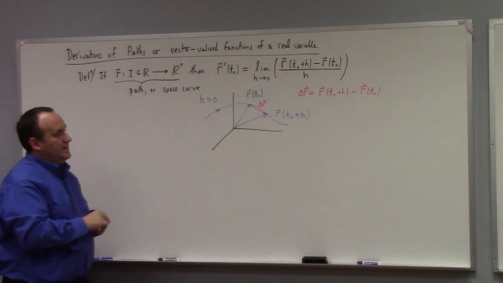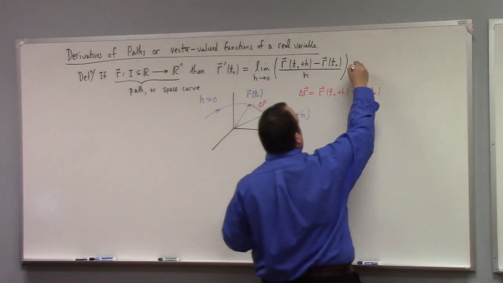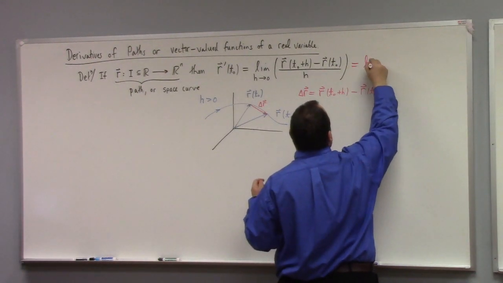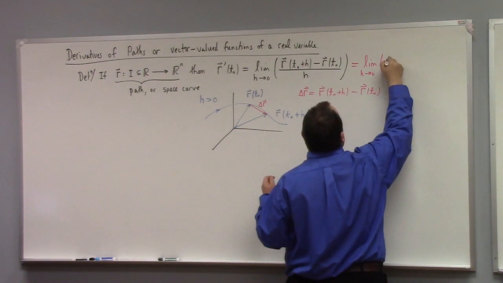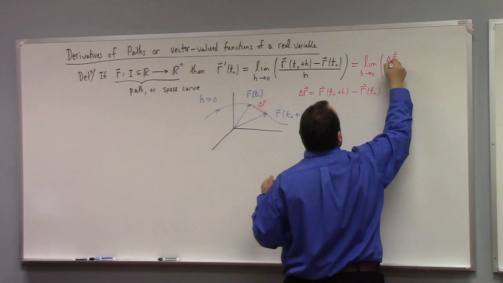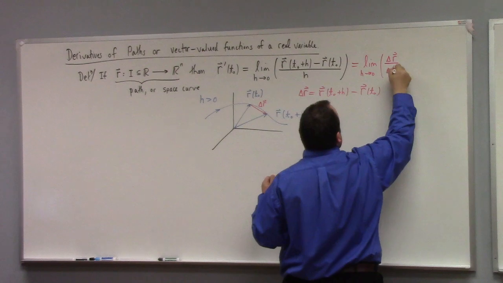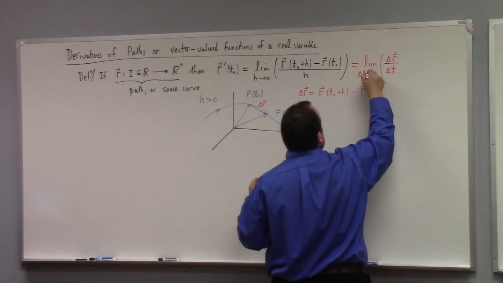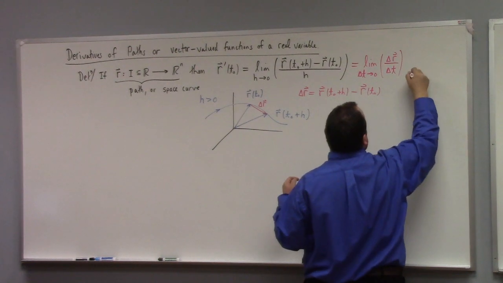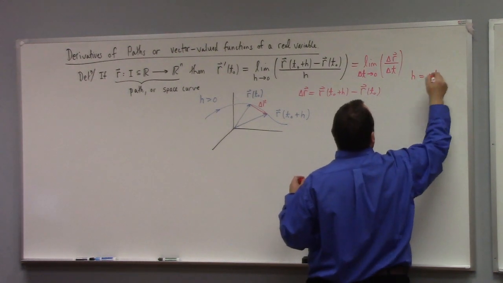So really, in another notation, what I'm calculating is just the limit as h goes to 0 of delta r over, well, let me call this delta t instead of h, right? Then that makes it look more physicsy, just letting h equal delta t.